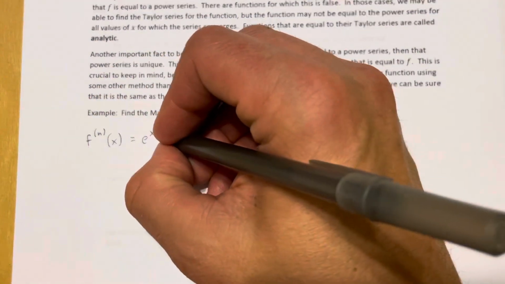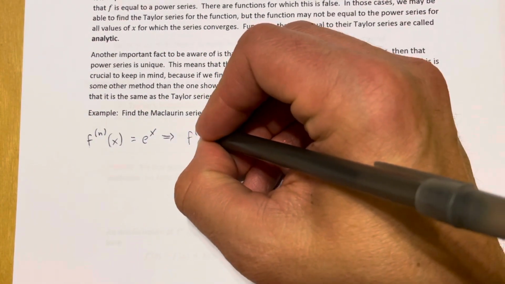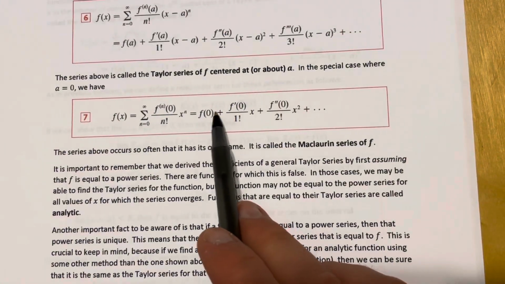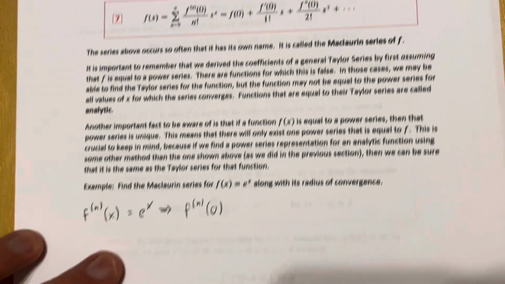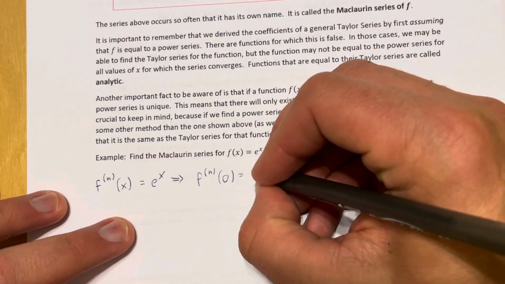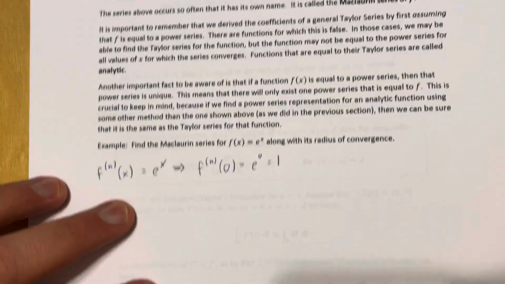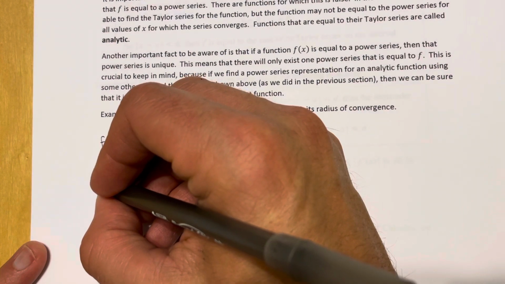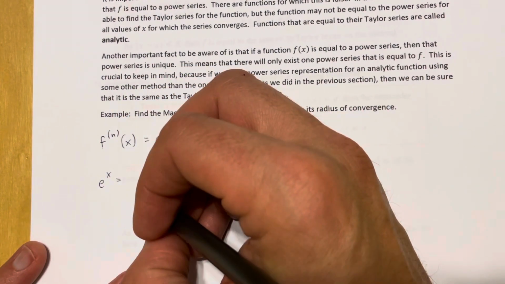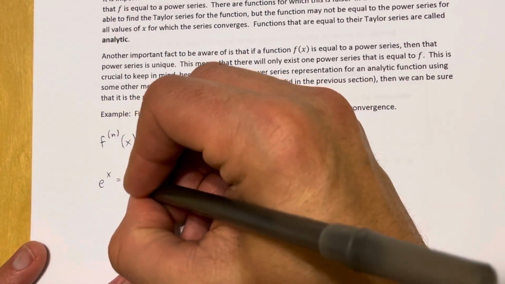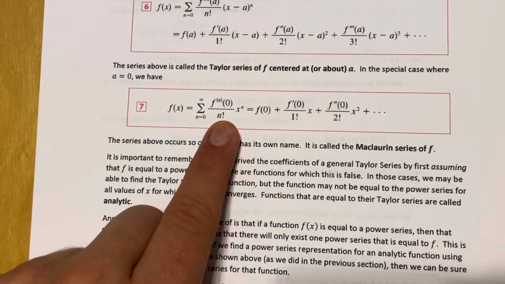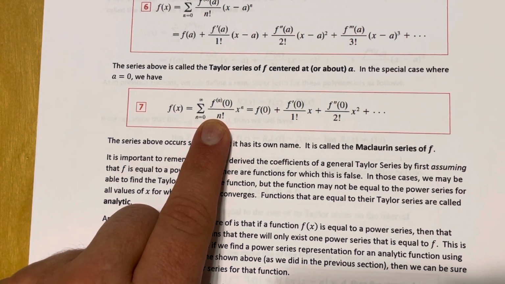So that implies that if I plug 0 in, because that's what we're doing for Maclaurin series, we're plugging 0 into each of these derivatives, I have e to the 0, which is equal to 1. So now, how do I write the Maclaurin series for this function? Well, I can say that e to the x is equal to the sum from n equals 0 to infinity, and this is what our Maclaurin series looks like.